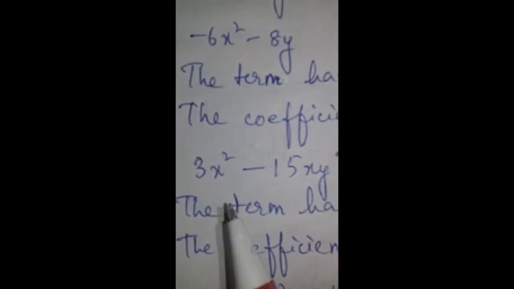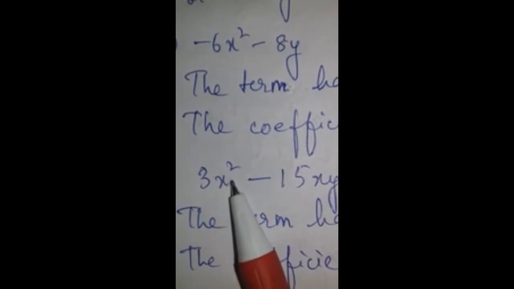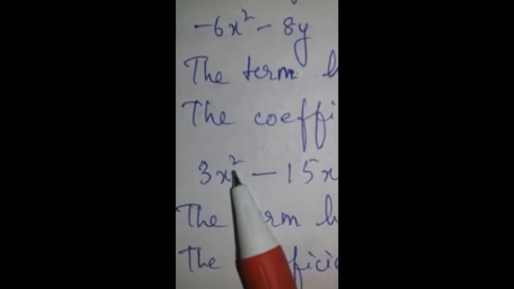For finding the coefficient of x square, you need to hide this x square and see that the coefficient of x square is minus 6. In part C, you have 3x square minus 15xy square minus 8y square. So here the term having x square is 3x square, and 3 is the coefficient of x square.